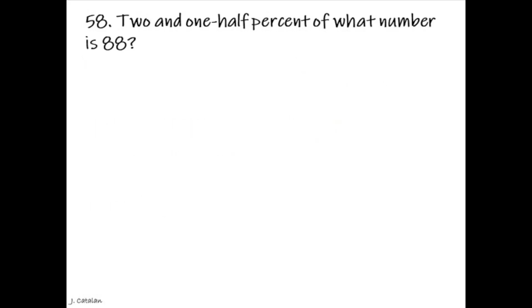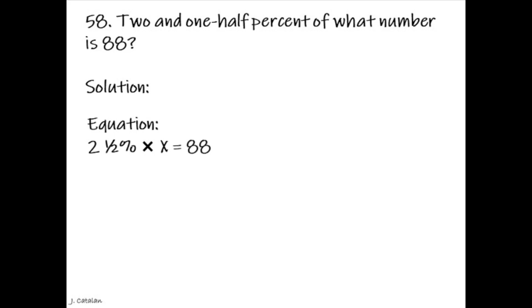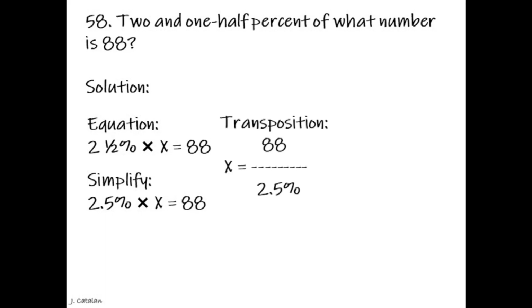2.5% of what number is 88? Solution: equation: 2.5% times x is equals to 88. Simplify. 2.5% times x is equals to 88. Transposition: x is equals to 88 divided by 2.5%.